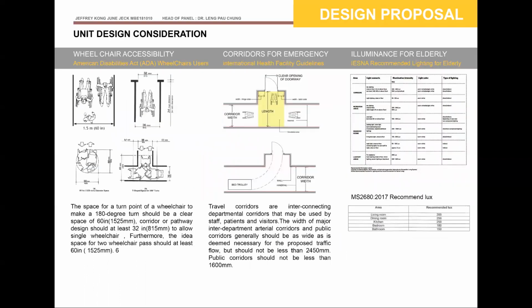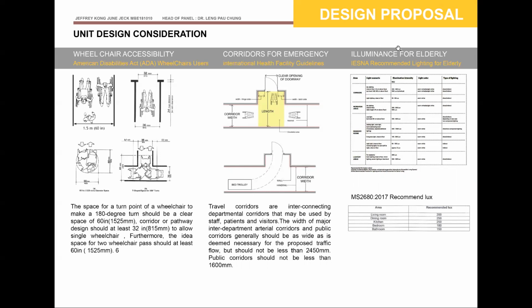As for the unit design considerations, there are a few. First is wheelchair accessibility. I'm following the ADA standard, so the unit shall be wheelchair accessible. Secondly is the corridor guideline for emergencies, so that in case of emergency, bed and toilet access to the units can be efficient.